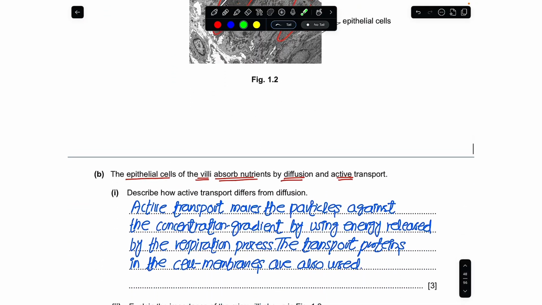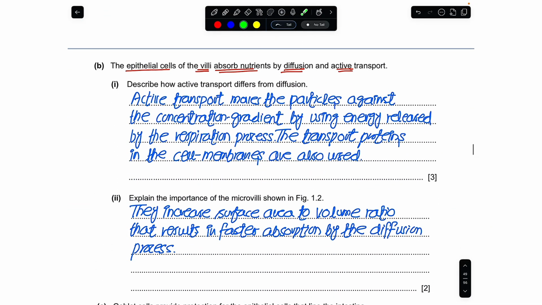Now they need to be absorbed into the body with the help of diffusion and active transport. For 3 marks, they are asking us to describe how active transport differs from diffusion. What we know is that active transport moves the particles against the concentration gradient. Diffusion moves them down the concentration gradient.